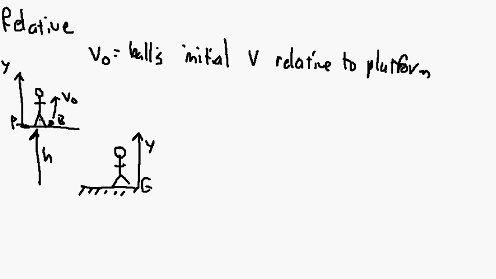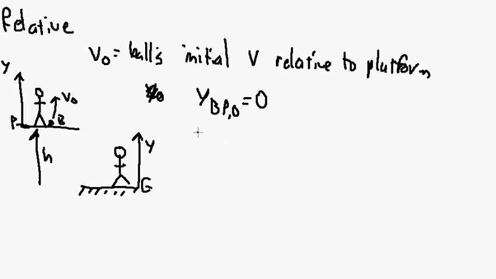So in the platform guy's frame, for example, the position of the ball initially was 0.